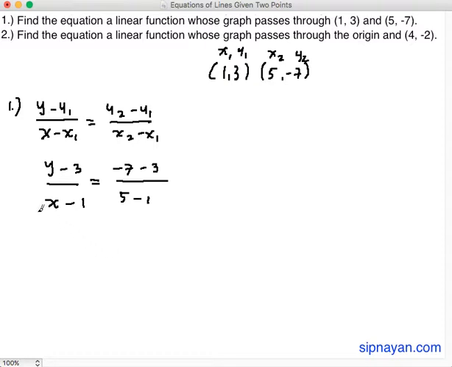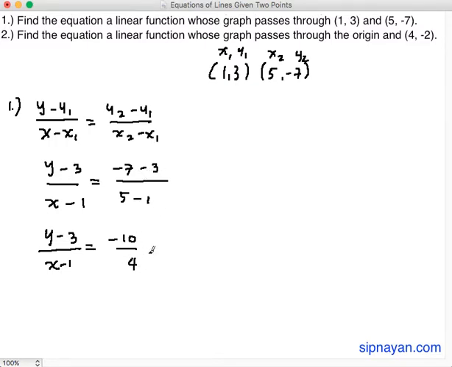So, simplifying, we have y minus 3 over x minus 1 is equal to negative 10 over 4.